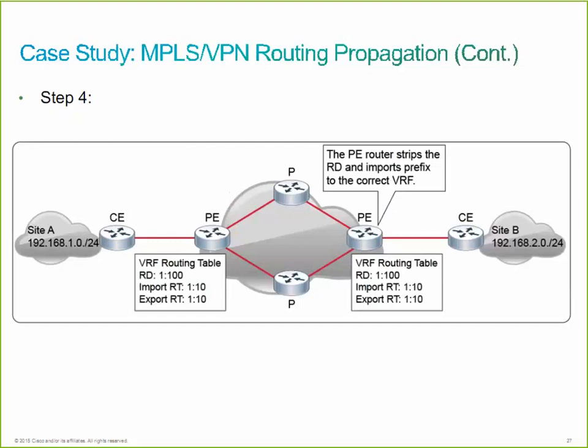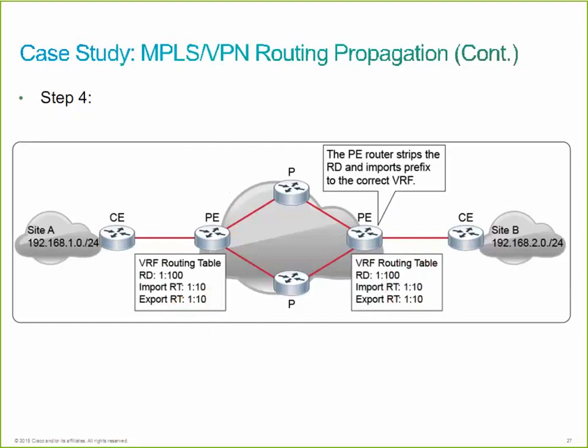Think of it as just kind of like a tag, right? So I could say, for example, the import route target on this side is 1:10, and the export route target here would be 1:10. But on this side, I could say the export route target is 1:20, and the import route target here is 1:20. It's unidirectional, right? The reason it's the same is because it doesn't really matter.